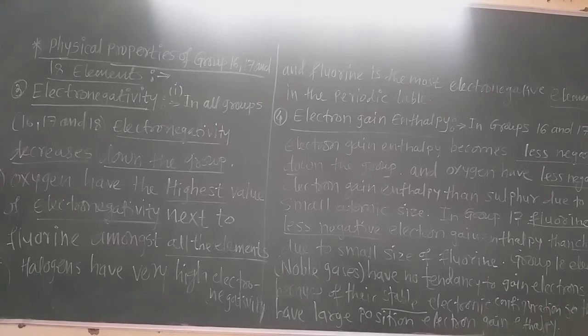Why do they have the most electron attraction? Because their outermost shell contains 6 or 7 electrons in their last orbital, so they only want 1 or 2 electrons to complete their outermost electronic configuration as that of the inert gases.